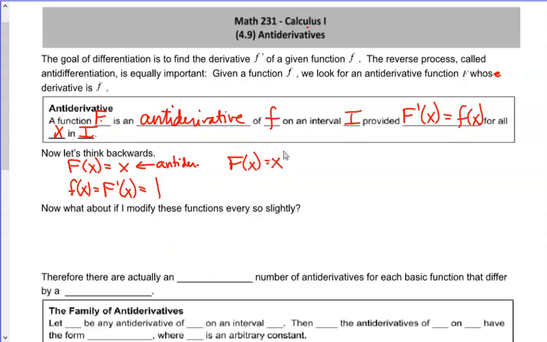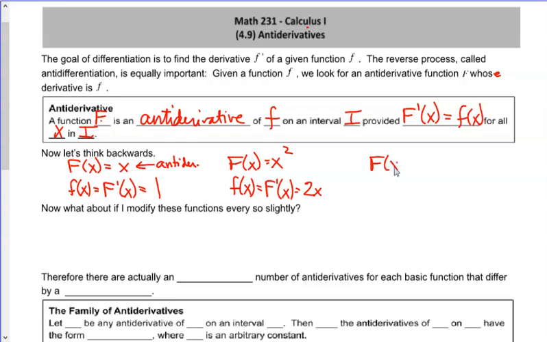Okay, what if I give you this function, F of x equals x squared, and I ask you for what little f of x is, which is the first derivative of that function? Well, hopefully you're screaming at me that it is 2x. So therefore, x squared is the antiderivative of 2x.